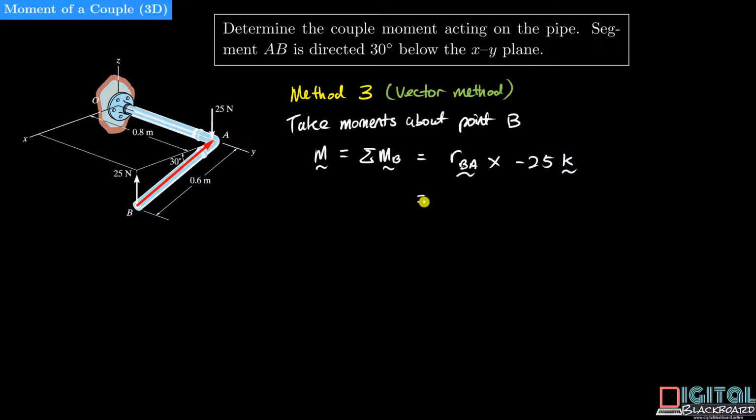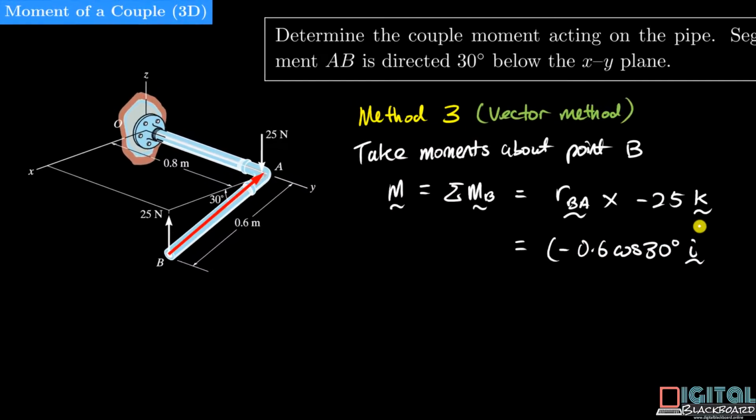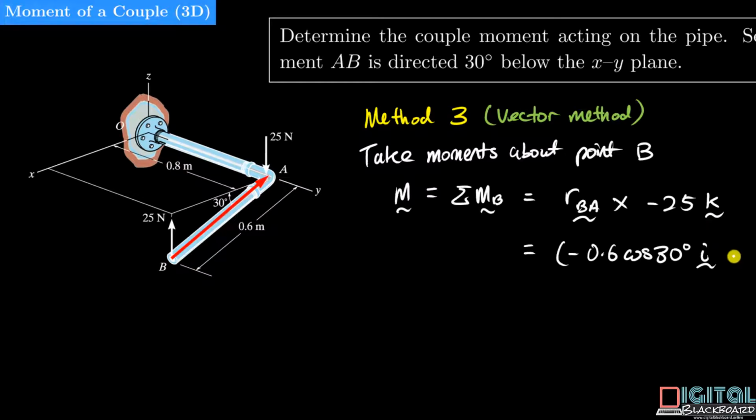RBA is moving in the negative x direction by 0.6 cosine 30 degrees, so minus 0.6 cosine 30 degrees i. In the j direction it is not moving, but in the k direction it is moving upwards by 0.6 sine 30 degrees.